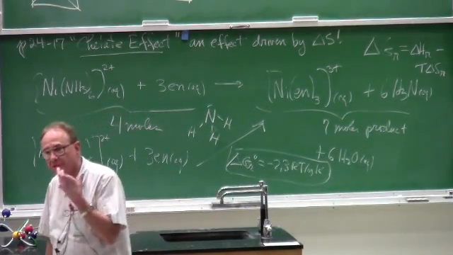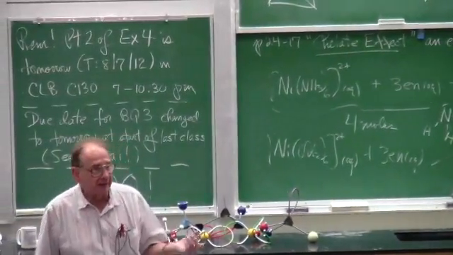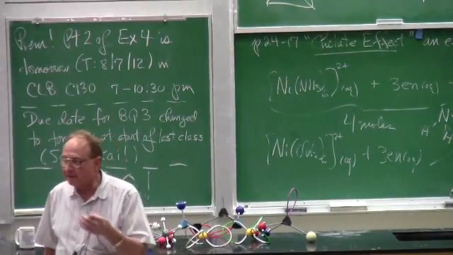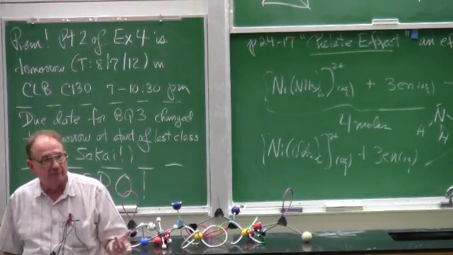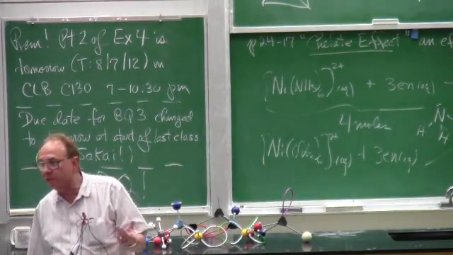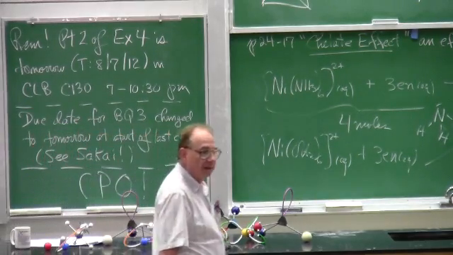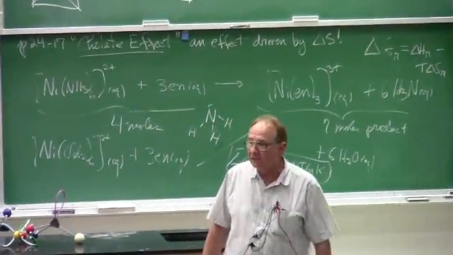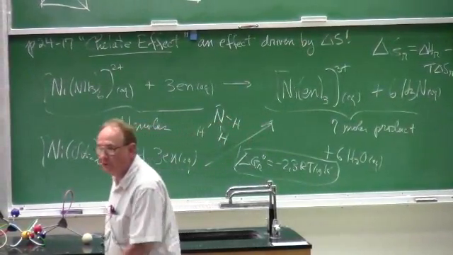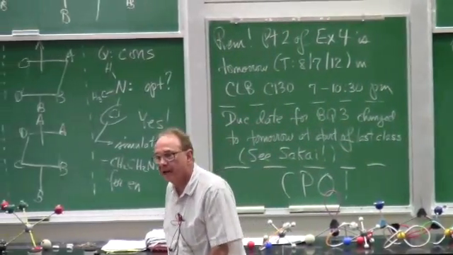If on the last exam I asked you to talk about the Lewis-base coordination ability of ammonia versus the Lewis-base coordination ability of ethylene diamine, what would you say? If all you tell me is ethylene diamine is stronger, all you've given me is a vote. The question is worth 20 points, you got 1. Because I have not heard any explanation.